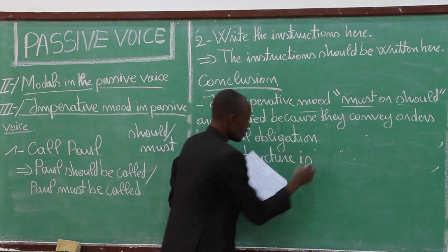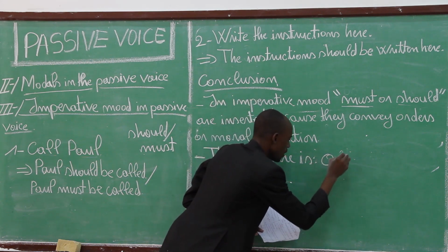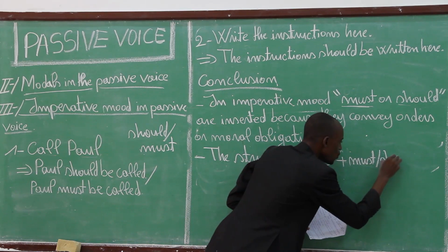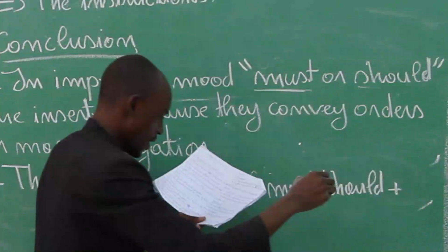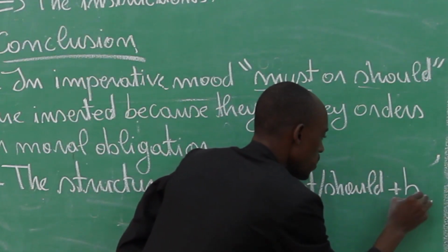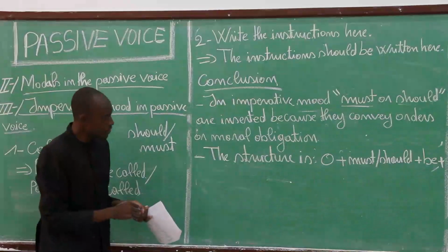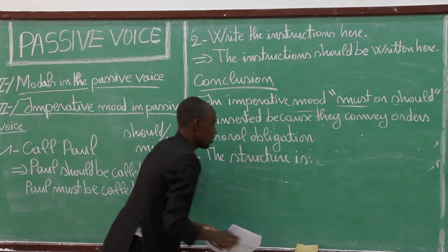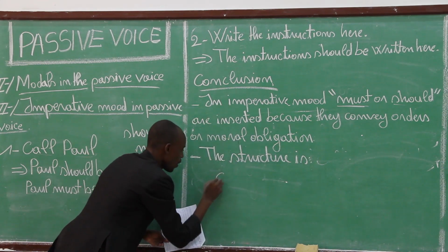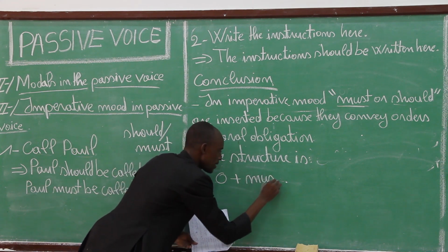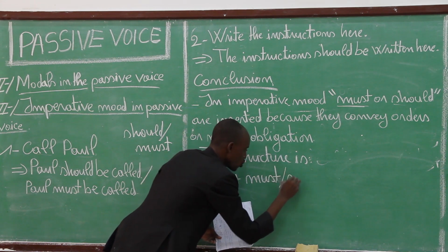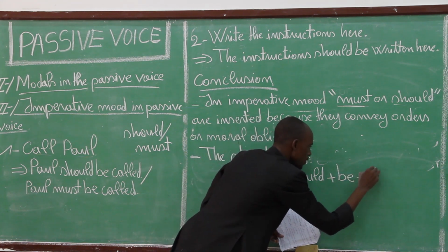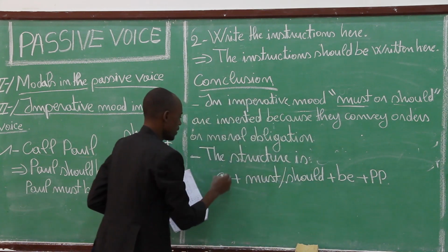The structure is: object plus must or should plus be plus past participle. This is the structure.